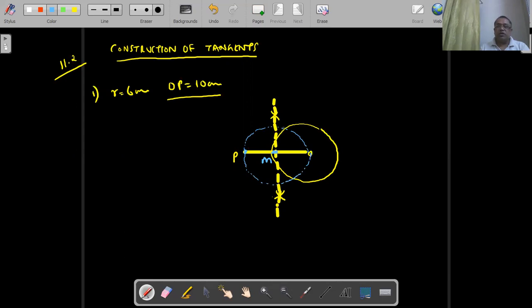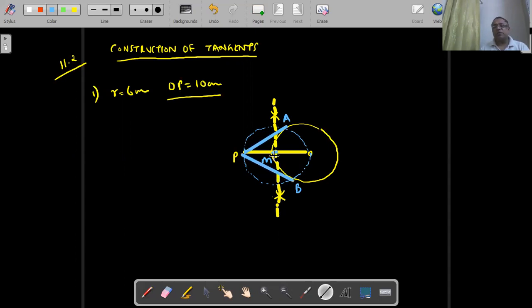Now once you get the circle, that is also dotted because it's a constructed circle, we will name the intersection points as A and B, and then with the help of a scale you're going to join P to A, and you're going to join P to B.